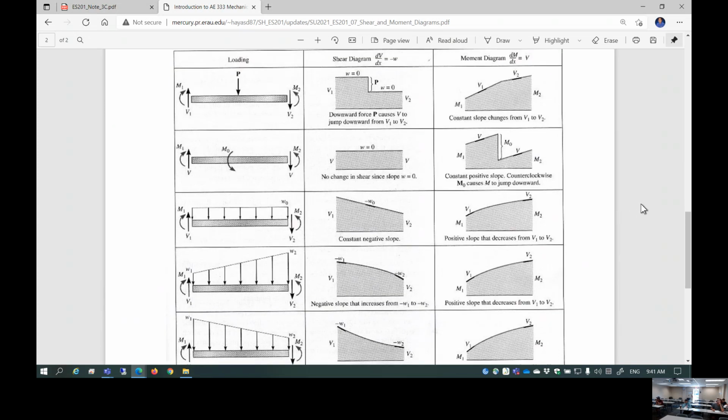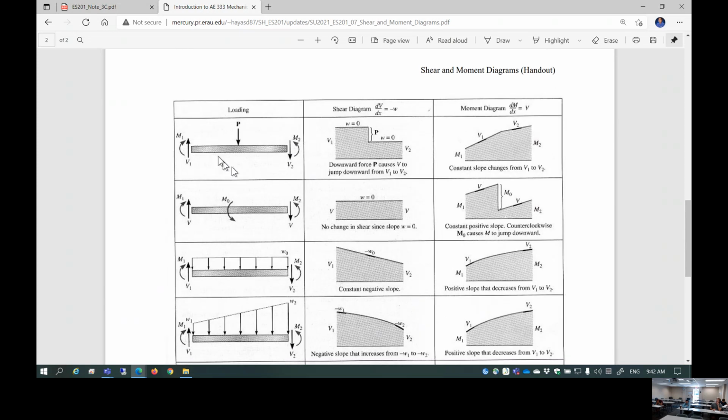So the next page is quite important. This is a summary of shear and moment diagrams. Usually we are going to construct the shear diagram first, and then based off of the shear diagram, you can develop the moment diagram. So let's take a quick look at what each actually means. This is the beam. It looks like a free body diagram.